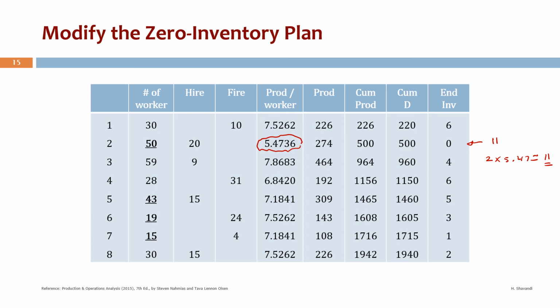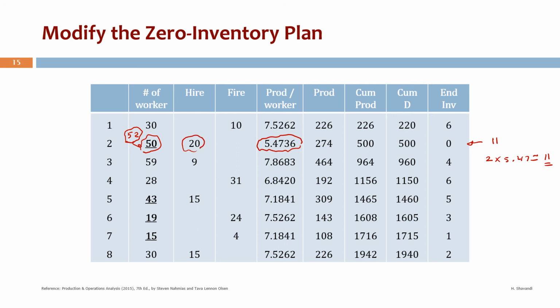So this means that if we want to have zero inventory, we can reduce the number of workers in this month by 2. So previously we had 52 workers in second month, but now we can reduce it to be 50. So we need to hire 20, not 22 in this month.